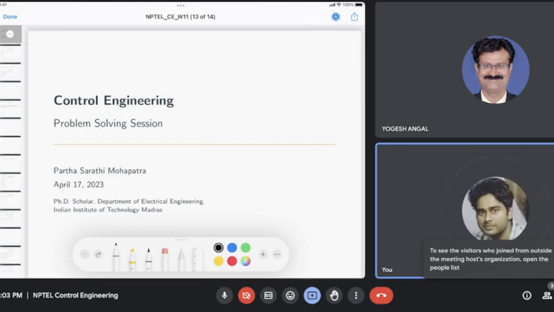This is an alternative method to what we have learned earlier, the frequency domain approach. Instead of transforming using the Laplace transform into the frequency domain, we work directly in the time domain, that is, with ordinary differential equations.